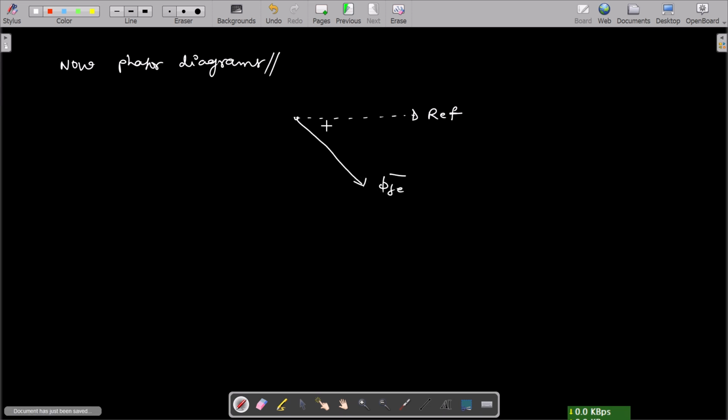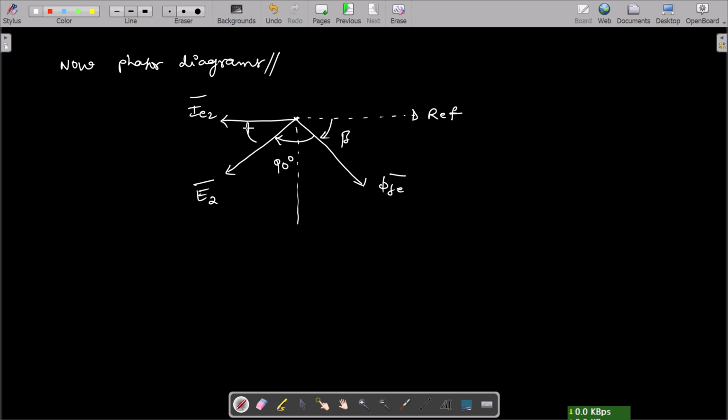This is phi SC bar at an angle of beta, and this is 90 degrees. For E2, we already know the phasor expressions. This E2 lags phi SC by 90 degrees, and IE2 lags by alpha. That is this phasor diagram.